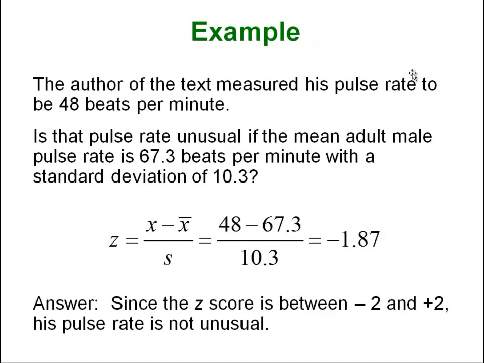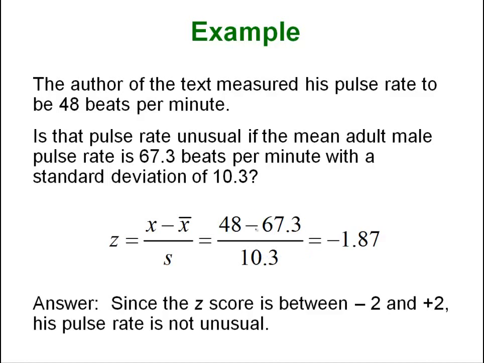Here's another example. If the author of the book measured their heart rate at 48 beats per minute, they wanted to figure out if their heart rate was considered unusual, if the average was 67.3 and the standard deviation was 10.3. So we use our simple formula again. 48 is our x, minus the 67.3, that's the mean, divided by 10.3.